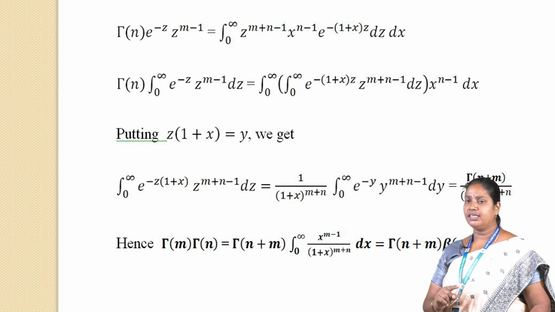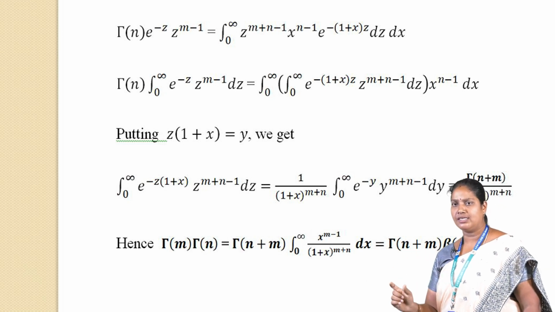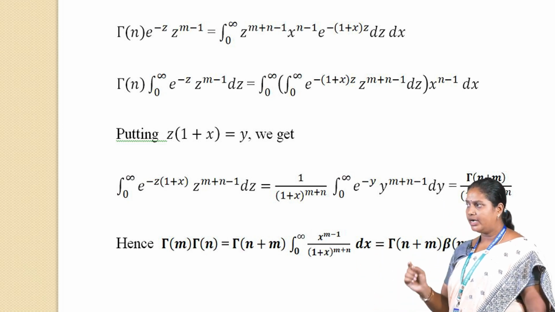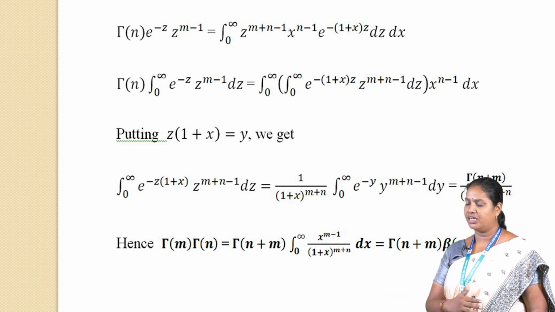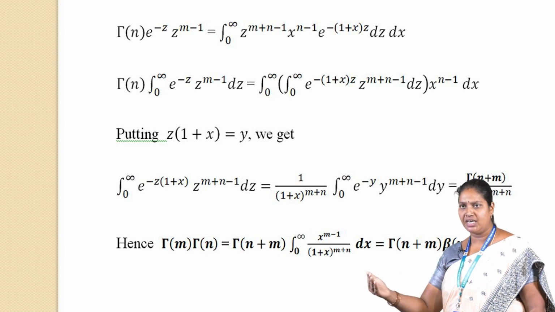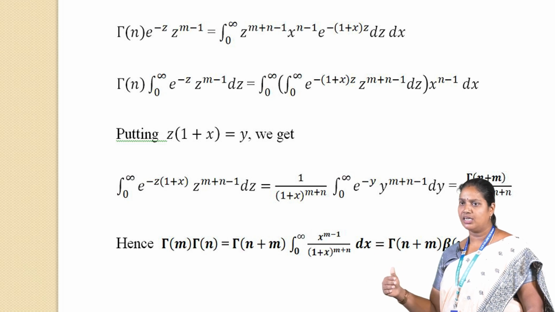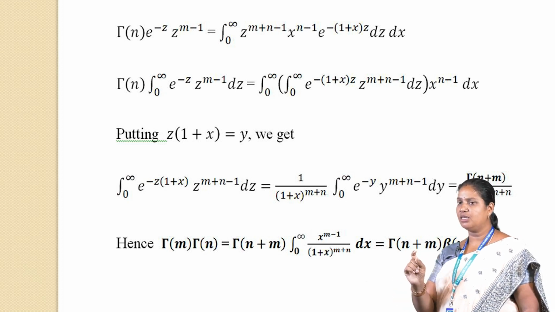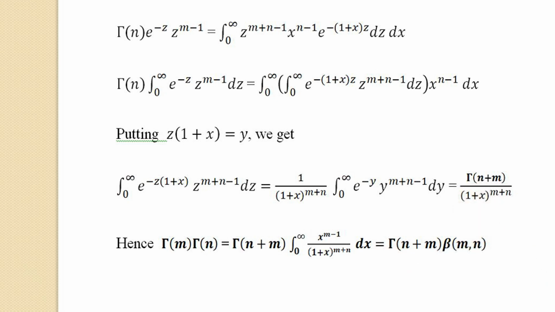Therefore this integral becomes 1 divided by 1 plus x the whole power m plus n, because x is constant, so we are taking it outside. The integral 0 to infinity e power minus y, y power m plus n minus 1 into dy, is nothing but the gamma function, so the integral will be gamma of n plus m divided by 1 plus x the whole power m plus n.